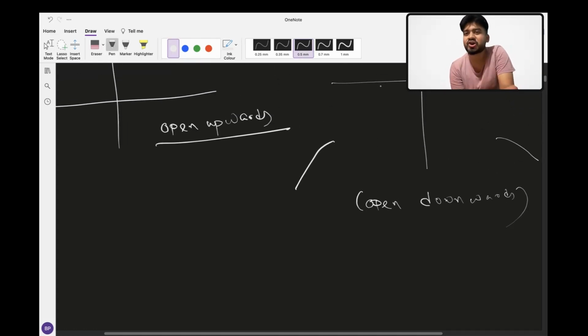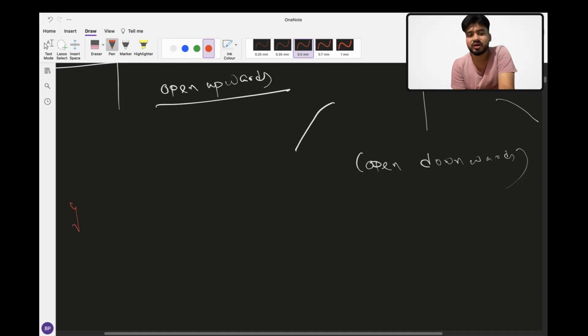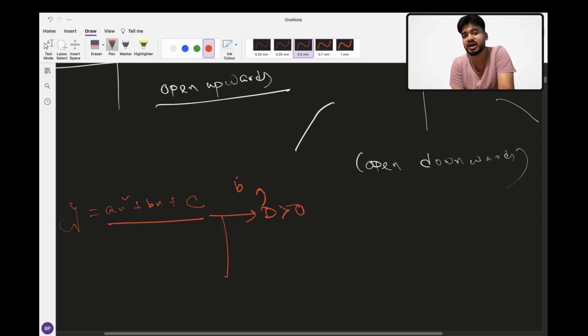Now if we talk about the roots of this quadratic polynomial, we can know about the middle portion, that is, whether it will touch or cut the x-axis or not. As we already know that y equals ax square plus bx plus c, any quadratic polynomial can have at most two roots. So can you tell me the conditions? Yes, when D, that means the discriminant, that is b square minus 4ac, is greater than 0, what will happen? It has two real and unequal roots.